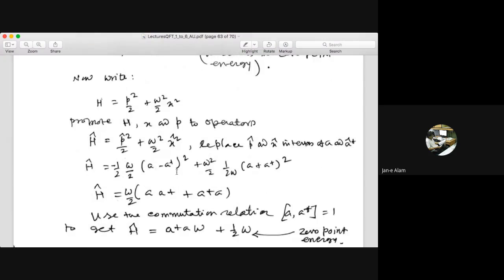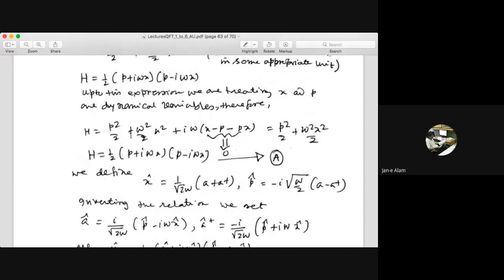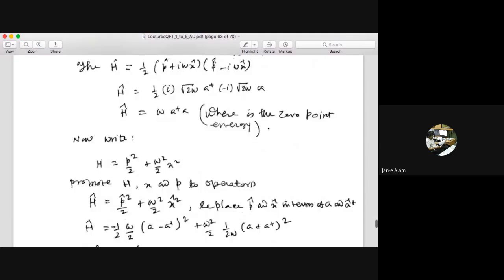Let me just show you that it is. The Hamiltonian again, I am writing in this way. Now, from here itself, you promote the momentum and the coordinate x to operators. And now you put p from this expression and x from this expression.